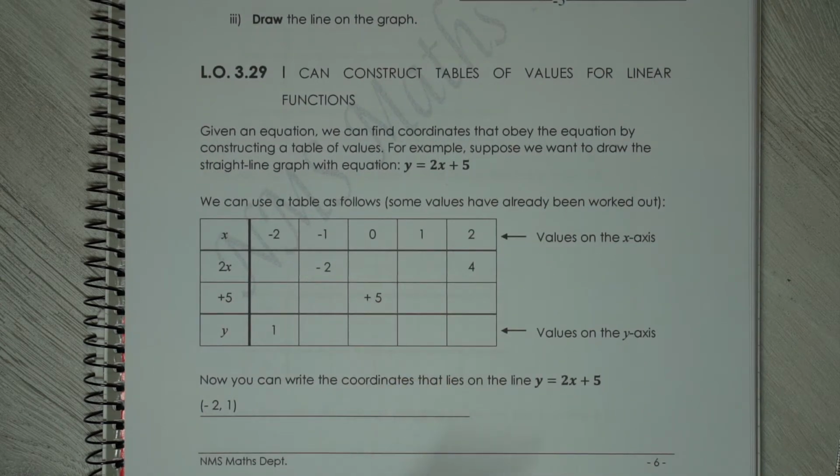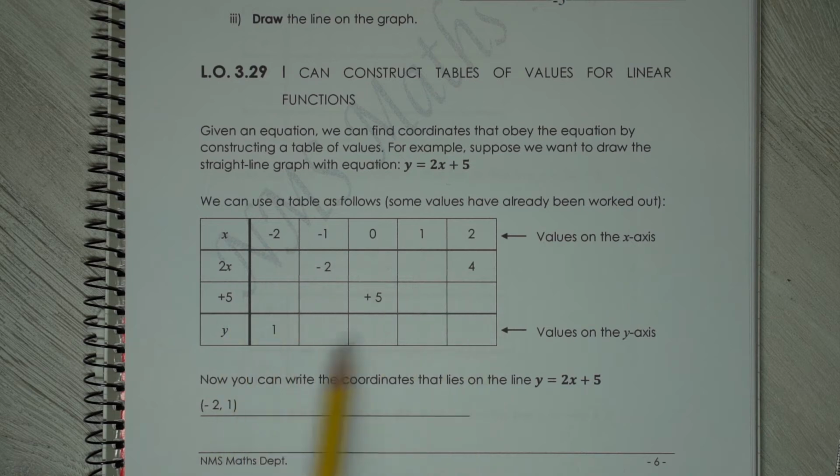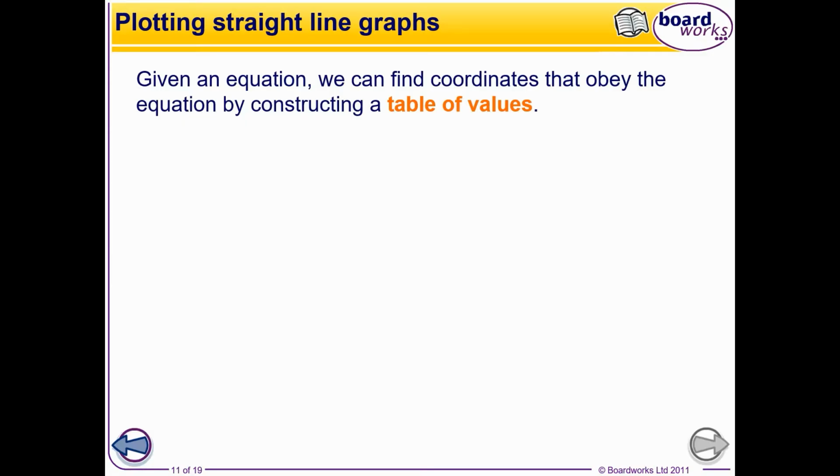Now, let me explain the table, okay? Because we're going to use this table to find the coordinates. So let me explain this table using the PowerPoint presentation. It is best if we use what we call a table of values.